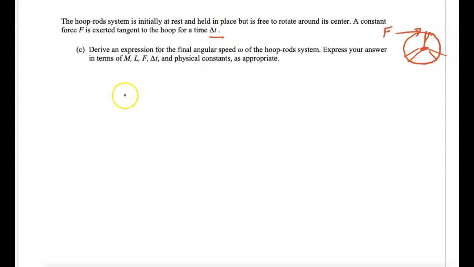Since they exerted a force for a time t, we know that they have a torque, and that torque is happening for a period of time. So we're going to multiply, we don't want to divide. I want to take the torque, and the torque is applied for a moment of time, so we can put that times delta t. What's cool about this is this expression is actually equal to the change in angular momentum of the system.